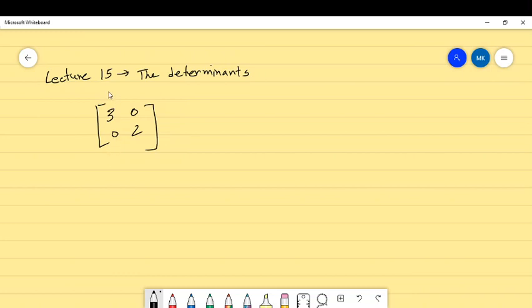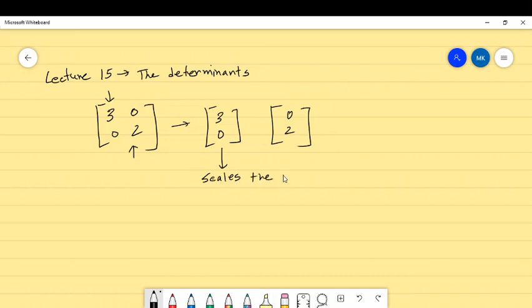We have two columns in this matrix, which are 3 0 and 0 2. This 3 0 column scales the i cap by a factor of 3, right?